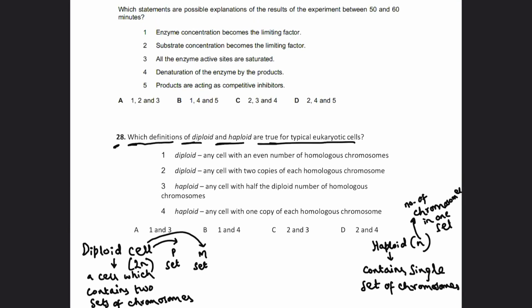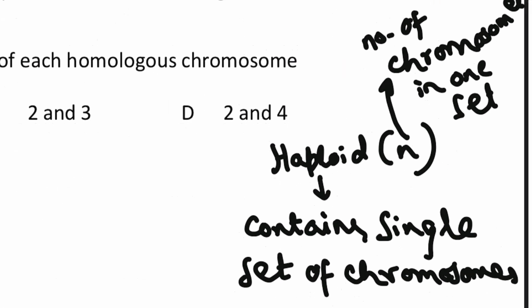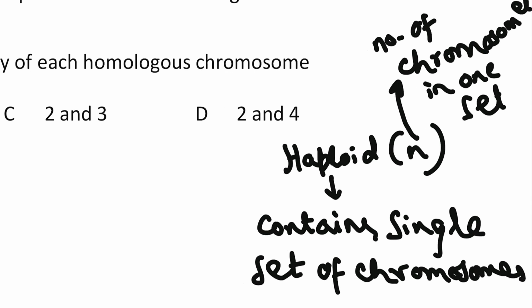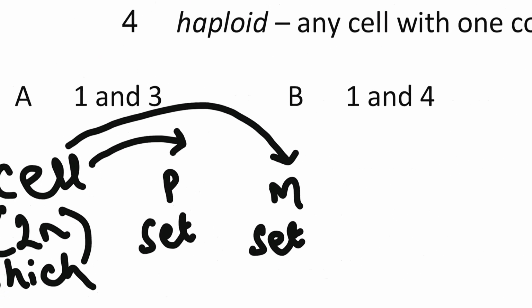The diploid cells contain two sets of chromosomes, one from the father and one from the mother, and a haploid cell contains a single set of chromosomes. And haploid cells are always gametes. The normal body cells are diploid and the gametes are haploid. And what is the reason of gametes being haploid? Because as I just mentioned, we get one set from the father and one set from the mother.